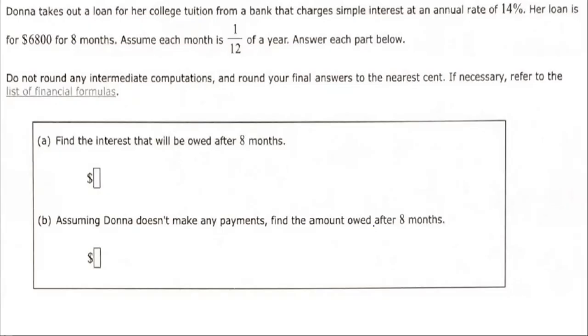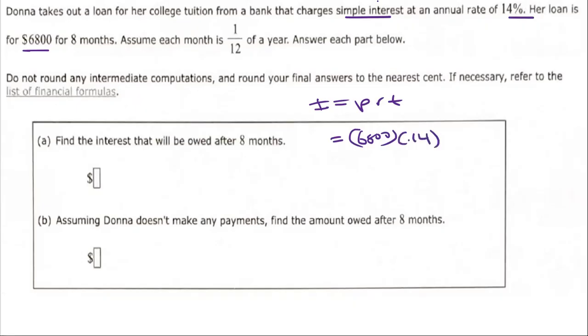So again, we're still going to be using the formula I is equal to PRT. Why? Because it says simple interest, and that's the simple interest formula. The principal, or the amount borrowed, is $6,800, so we put that there. The rate is 14%.